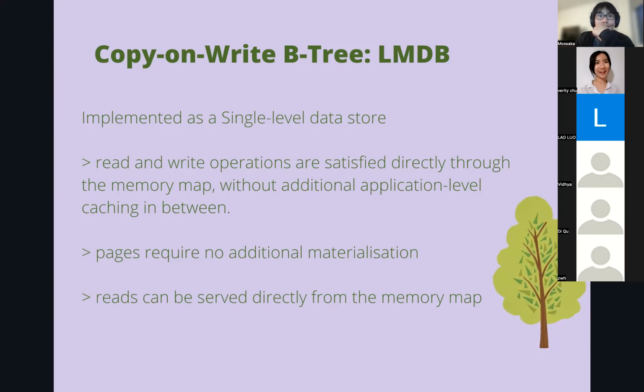Whenever we talk about the database engine, we have different components like the storage engine. Read and write operations are satisfied directly through the memory map. Because you have this memory map, you're able to just get it directly, so you don't need to cache anything.